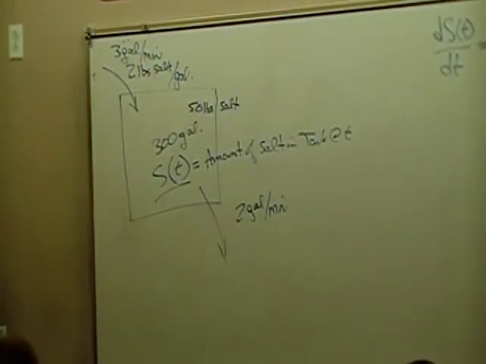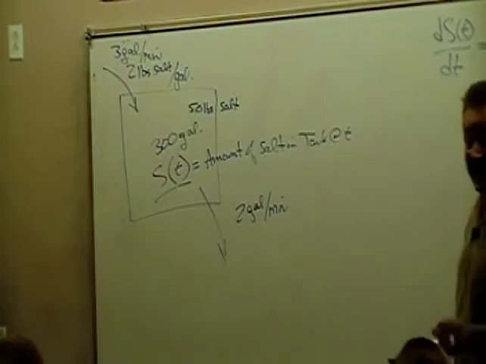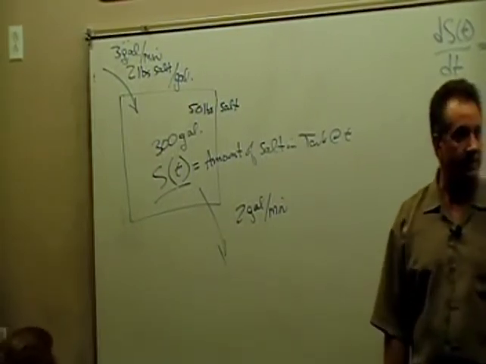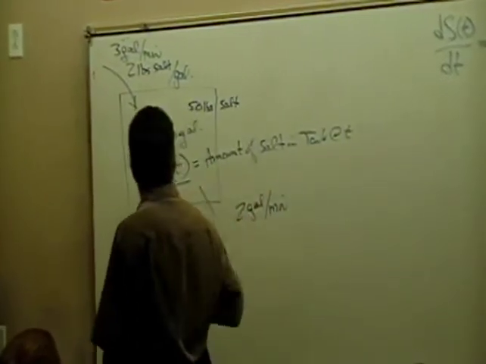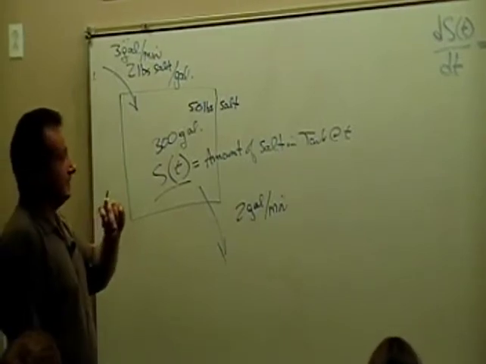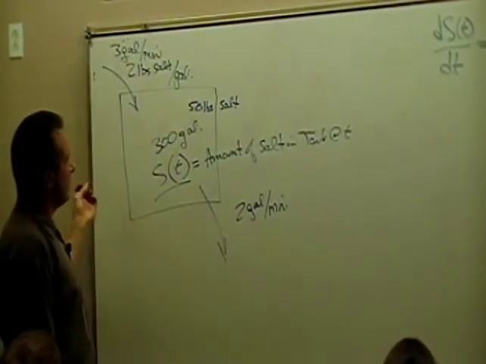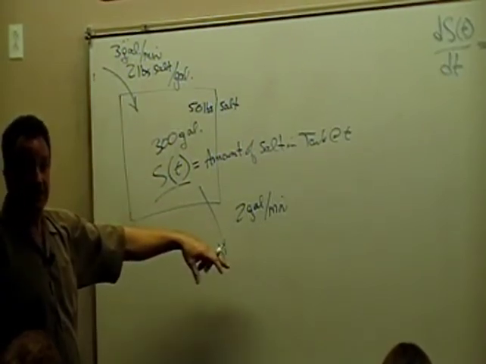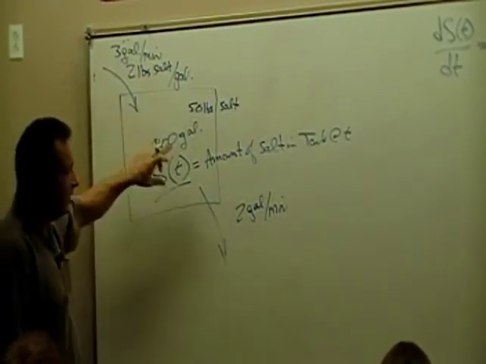divided by, now I have to think about what's the amount of gallons at any time t. What's the volume? We start off with 300 gallons. And then for every minute, what are we doing? We're adding 1 gallon per minute to the tank, aren't we? We have 3 gallons going in, 2 gallons going out.